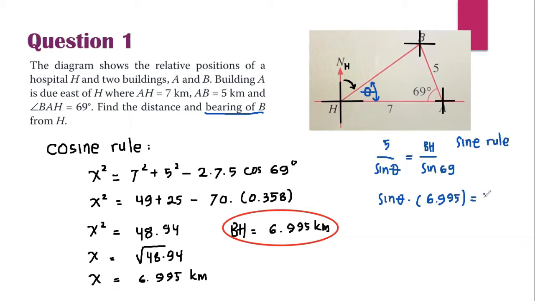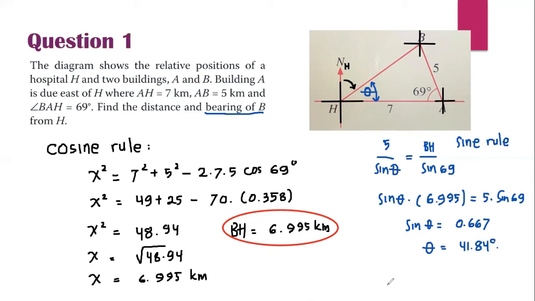Equal 5 times sine 69. By using the calculator, we got sine theta is 0.667. Using calculator, theta is 41.80 degrees. Okay, that's theta.